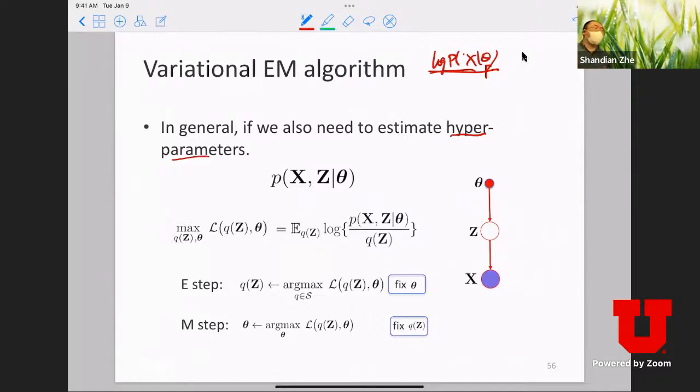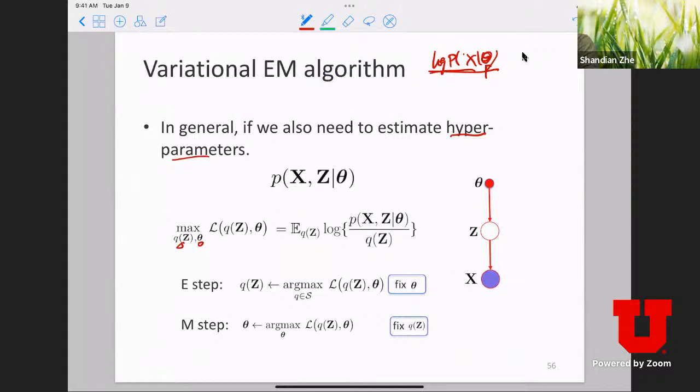Now, what if we also want to learn the hyperparameters? Here we assume the hyperparameters are just points, not random variables, and we want some point estimation, which is enough. How can we do that? We can simply apply the same framework as we did for the EM algorithm. We do alternating updates of Q of Z and theta.